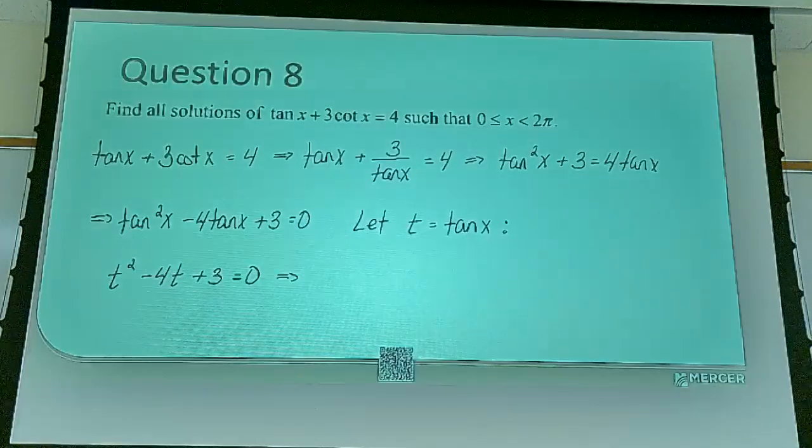So you always have pairs of factors. 1 times 3. 9 would have 2 pairs, 1 and 9, 3 and 3. 1 plus 3 is 4, so this can be factored.